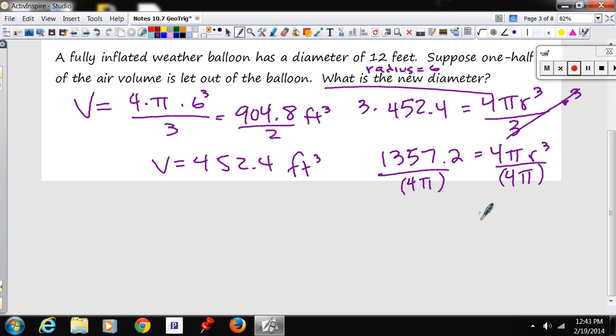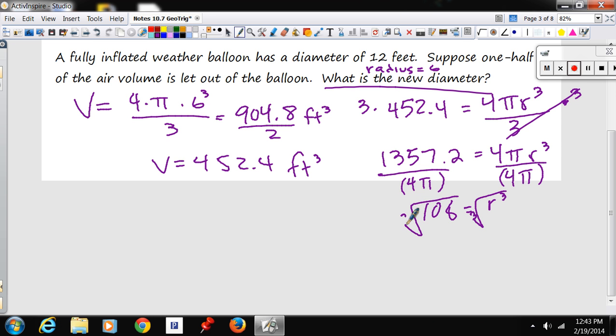So I divide by the whole amount of 4 pi. So divided by 4 pi. And you get 108. So you get 108 is what you get when you divide that by 4 pi. And that equals r cubed. So r times r times r equals 108. How do I figure out just what r is? Cube root it. Yes, I'm going to do the third root.